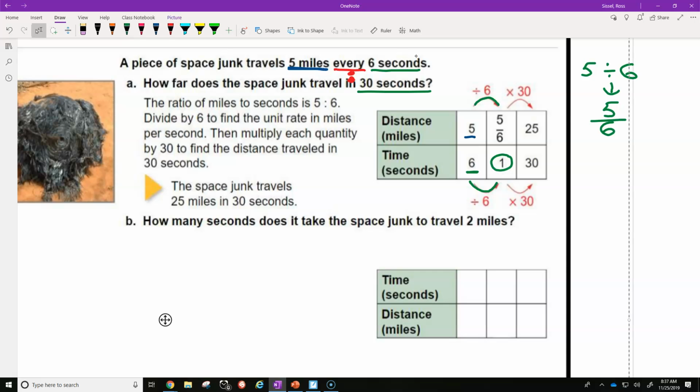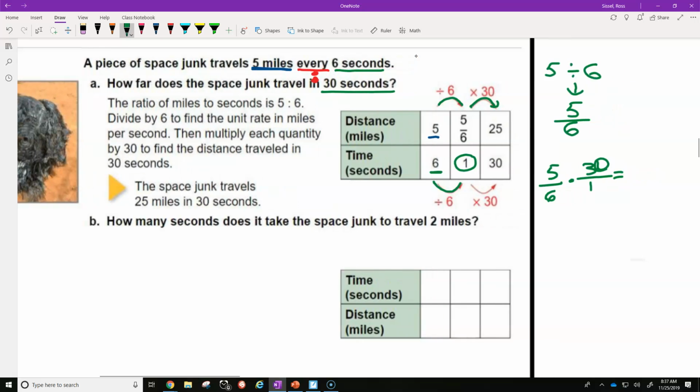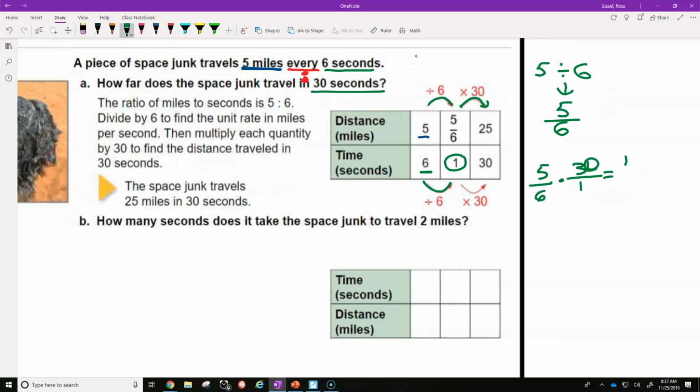1 to 30, I do 1 times 30. So when I do 5 sixths times 30, I write 30 as a fraction, 30 over 1. And I would have 5 times 30 is 150, and it's all over 6. What did I do wrong?